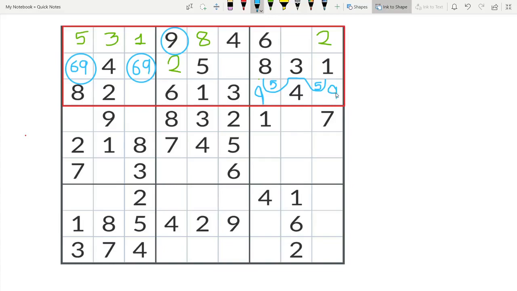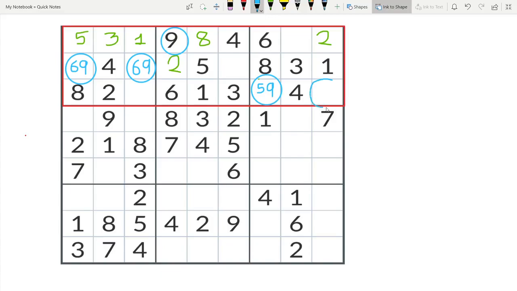Moving on to the bottom row, for the number 9, I see this as a possible option or number 9 can come over here. Now, what we see is that these two cells can either have number 5 or number 9. So we are going to represent it the same way we did for number 6 and 9 for the middle row. I'm going to draw a circle and write down that this cell can possibly have either number 5 or number 9.